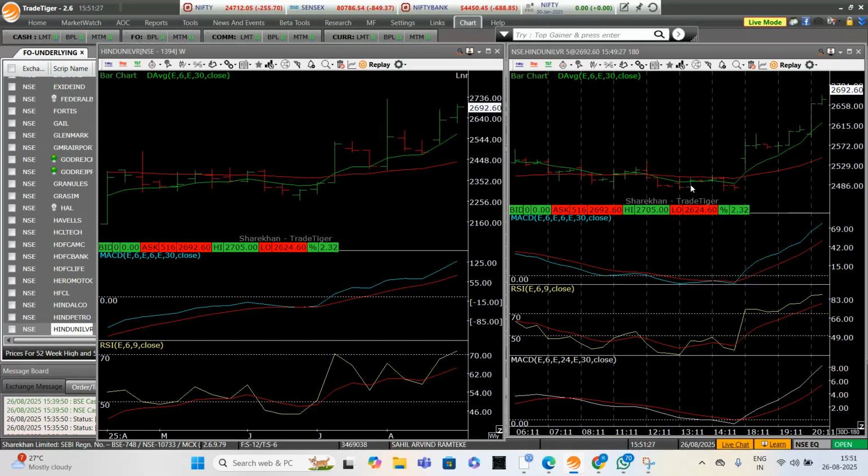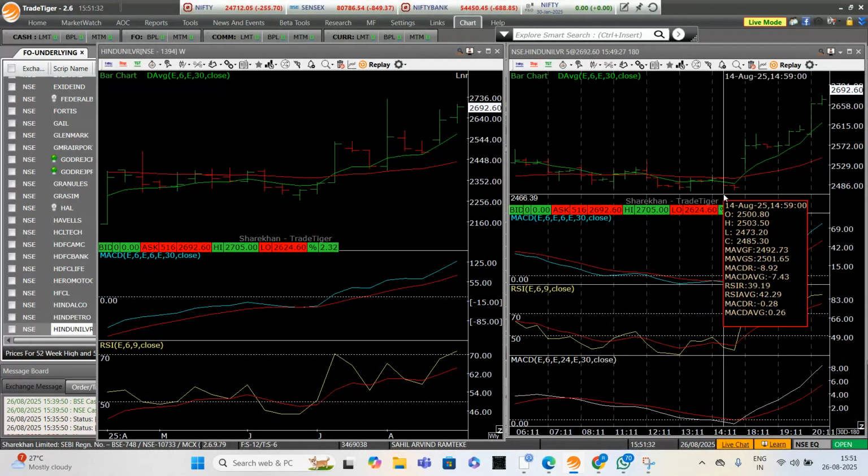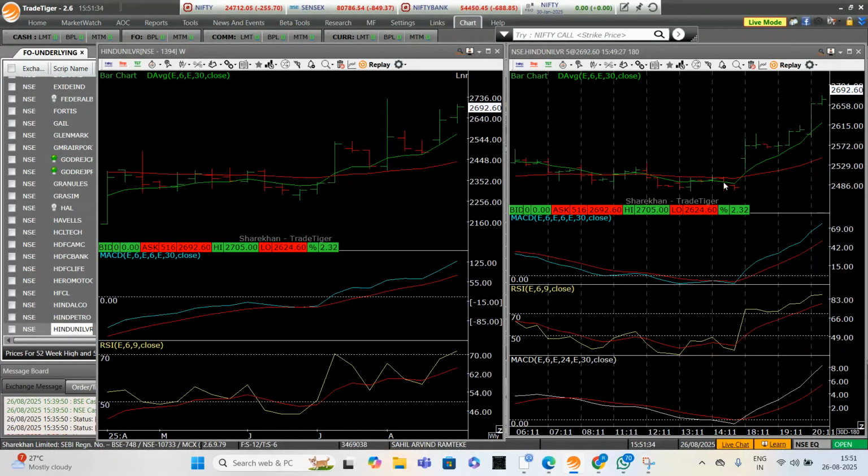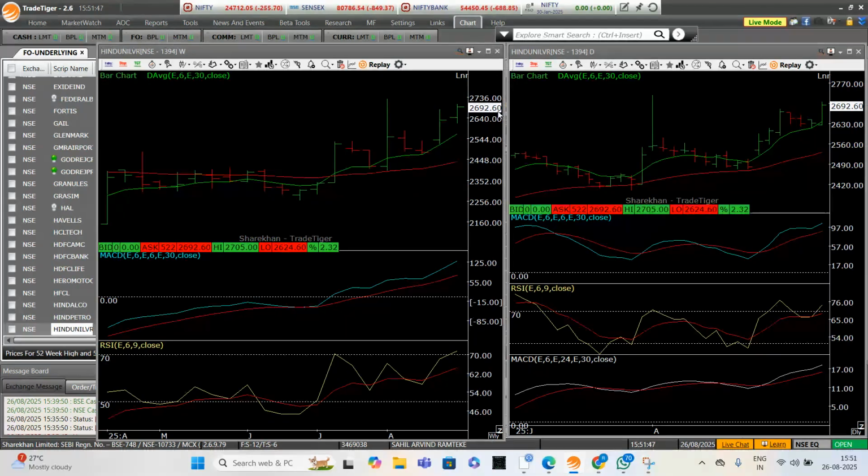Now after that also the prices have collapsed, but it doesn't close below the low, right? If the price closes below the low, then we have to exit. From the next day, the stock started rallying, and then it is almost near the target. So we have to just identify such kind of stocks which are trading like this.